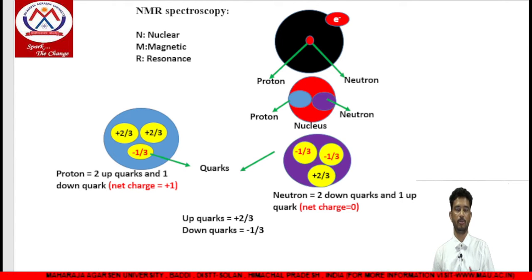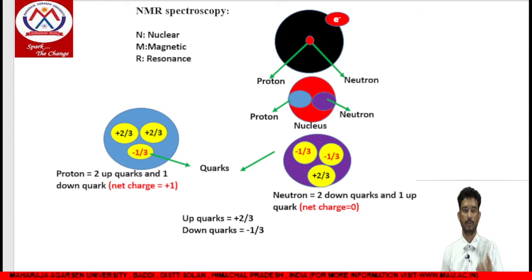What is the charge on neutrons, and what is the charge on protons? This charge is extremely important for a nucleus to be NMR active. Whenever a nucleus has magnetism, only that particular nucleus is active in NMR spectroscopy.